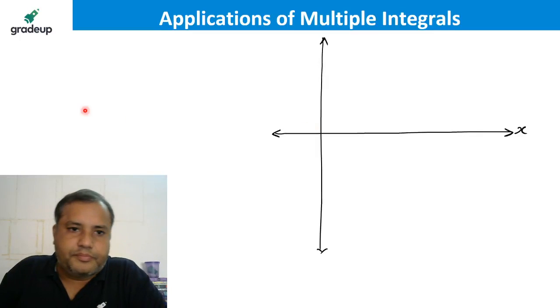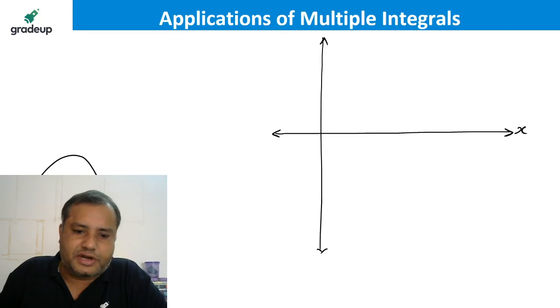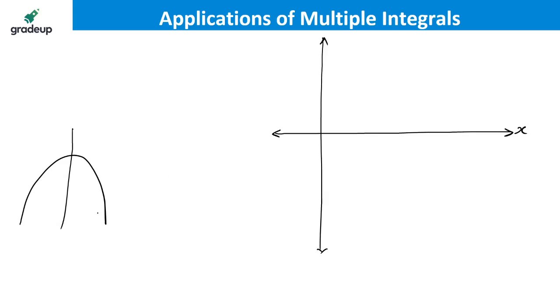Look, this is the x-axis, this is the y-axis. Now, the parabola will be like this, inverted. The vertex is at 2, 4. So let us say this is the vertex.